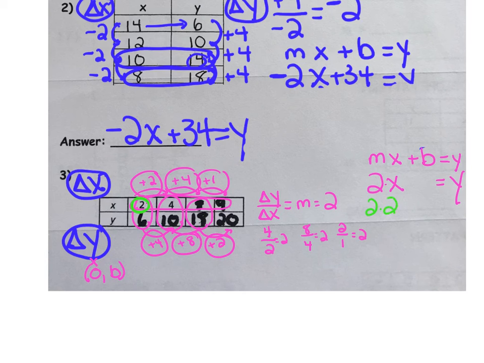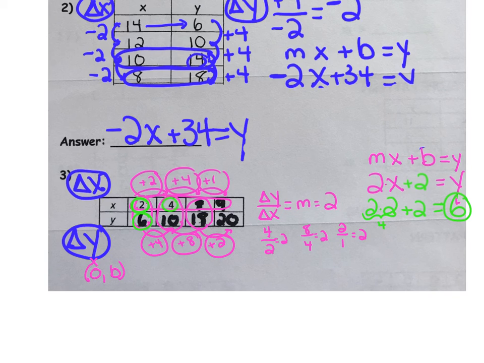2 times 2, blank, blank, equals an output value of 6. Well, 2 times 2 is 4. What would you have to add to 4 in order to produce an output of 6? Of course, it's plus 2. So we think it's 2 times every x plus 2 equals y.